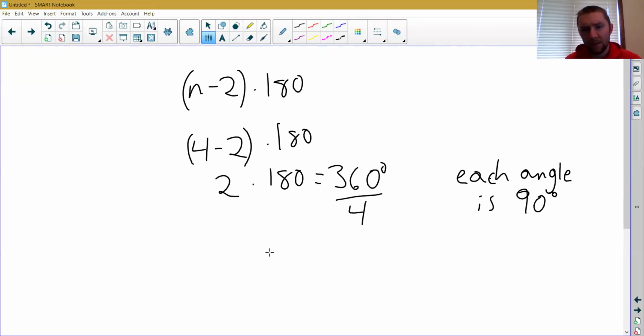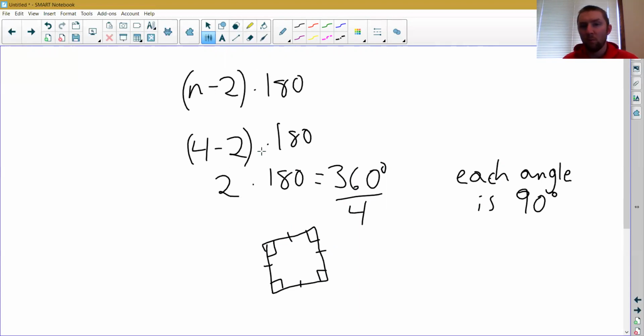So think about what that means. I make a four-sided shape where all of the angles have to be 90 degrees. Well, this is a rectangle, right? And remember, because a regular shape has to have all four of the sides be congruent as well, this is a square.